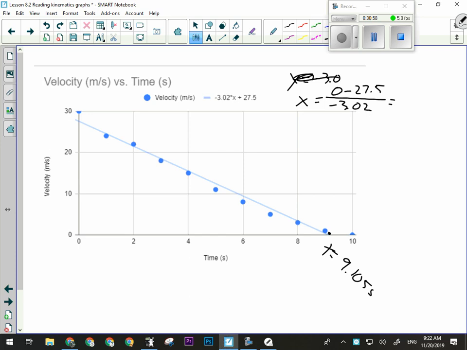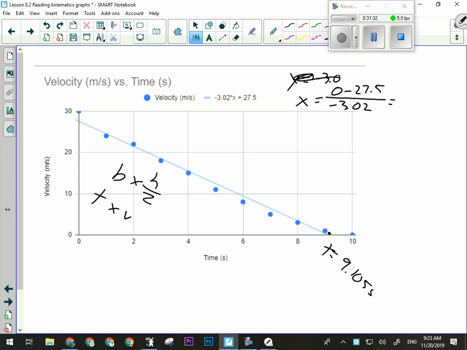Now I'll use all the decimal places when I do my final calculation. All right, so if I want to find now the total displacement, that's going to be my average velocity times time, and my average velocity is going to be where on here? It's changing from here to here uniformly. What's that? In the middle. Right. Okay, it's going to be halfway. Remember, we're calculating the area here. There's the base, 9.105, times the height over 2.